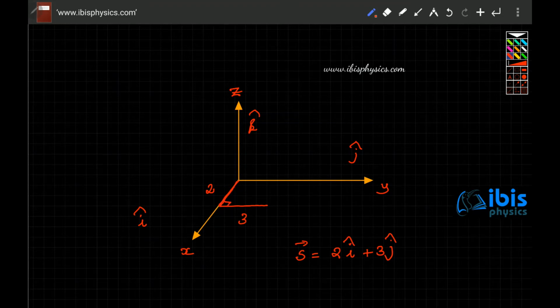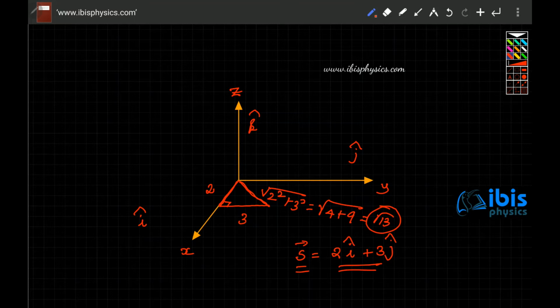Since these two are at right angles to each other, the total displacement is the root of x squared plus y squared. So it is root over 4 plus 9, which is root 13. This is called the numerical value of the total displacement, whereas the other form is the vector form of the displacement.